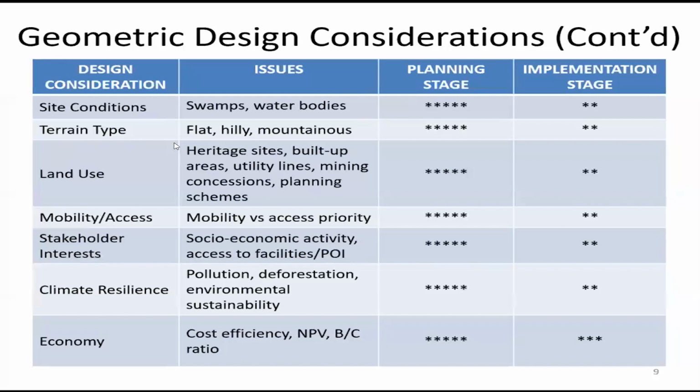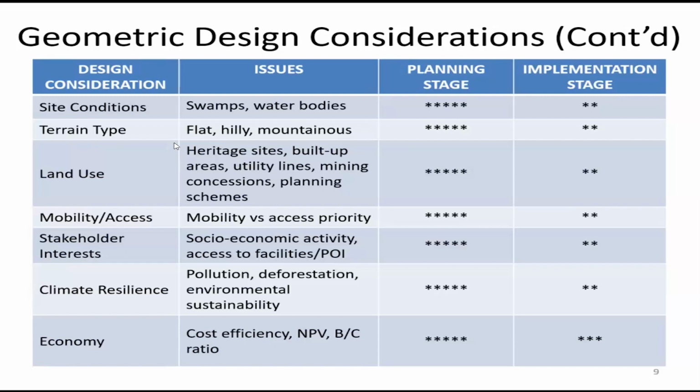Mobility and then access. Mobility versus access priority. Is it a trunk road? How much free flow are we expecting? How many connections, accesses to our trunk road do we want? Is it an urban arterial? Is it a major arterial? Is it a minor arterial?